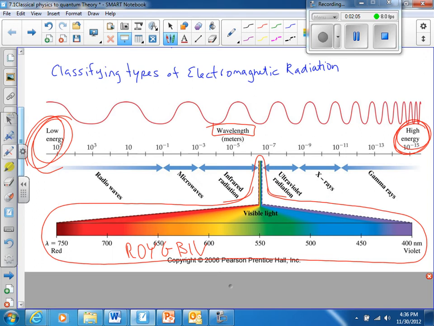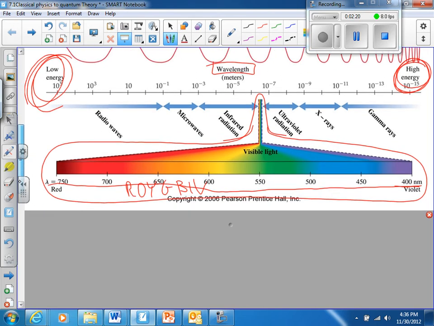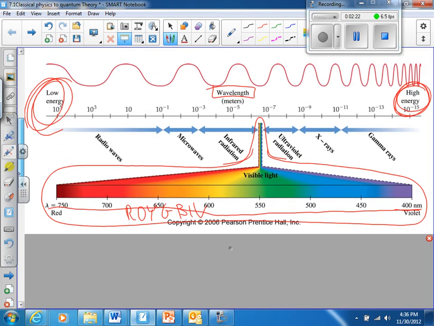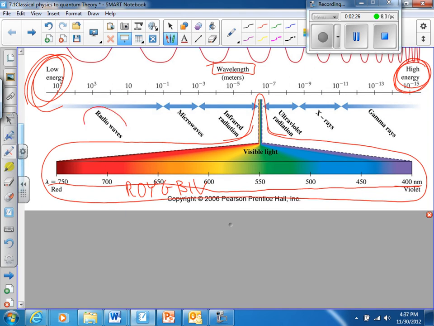For the visible light we're looking at, they're showing you a scale in nanometers, and you'll see a little conversion later on how to convert nanometers to meters. Nano means 10 to the minus 9. So all of these types of energy are electromagnetic radiation. Radio waves, we were literally talking about your FM, AM radio waves. AM radio waves are long, about the size of a football field.